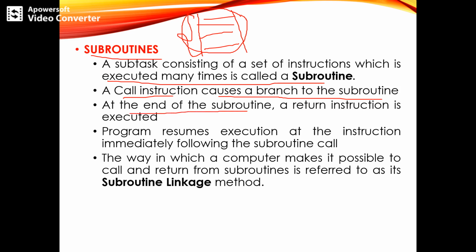At the end of the subroutine, the return instruction is executed. So during the call instruction, it causes a branch to the subroutine, and now the control is transferred to the subroutine part. After execution of these 4 instructions, at the end of the subroutine, a return instruction is executed.